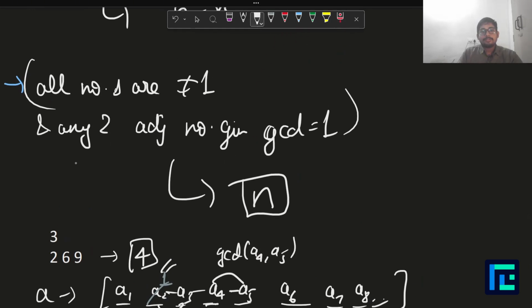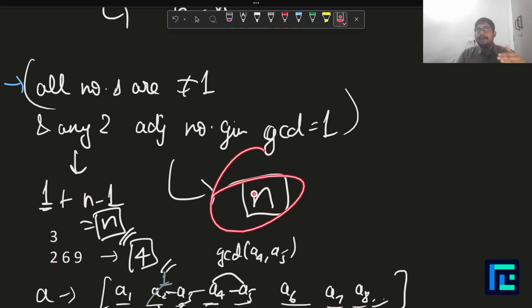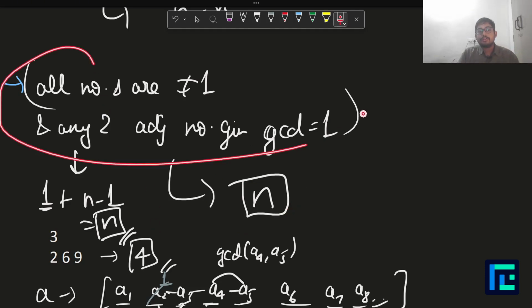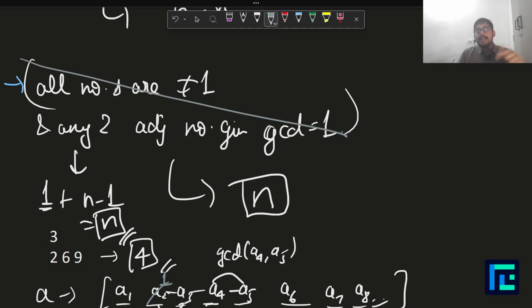So for this case one operation would be required to get a 1, because you have a range of size 2 which gives a GCD of 1, plus n minus 1 operations, which gives actually n operations. So the remaining case that you solved also solves this case as well. You don't need to specifically write code for this case. Your general case would also consider this.